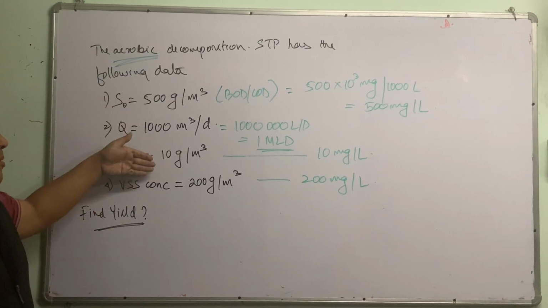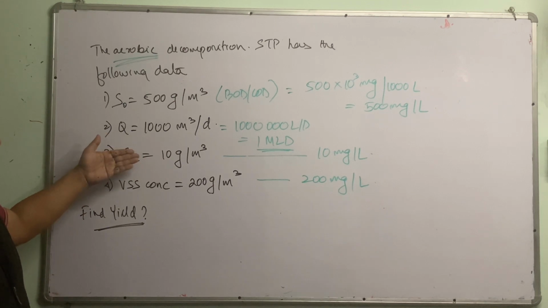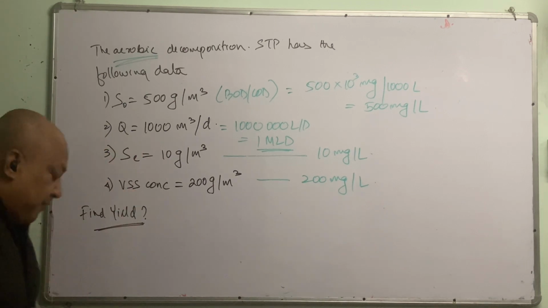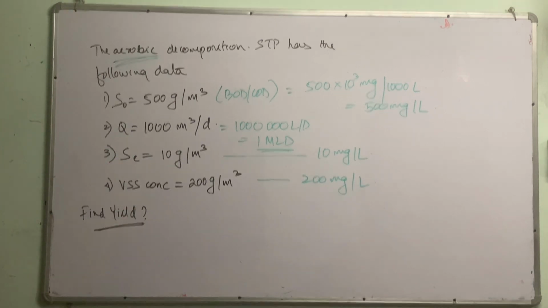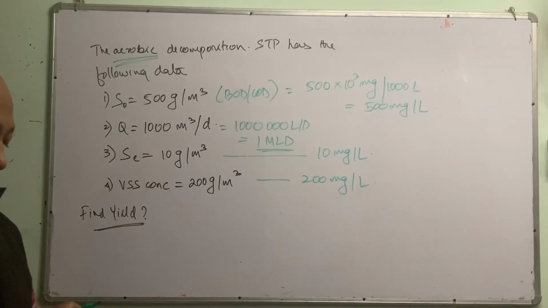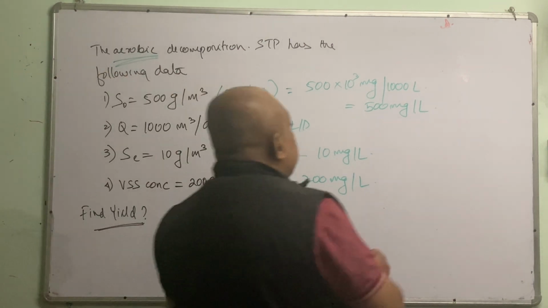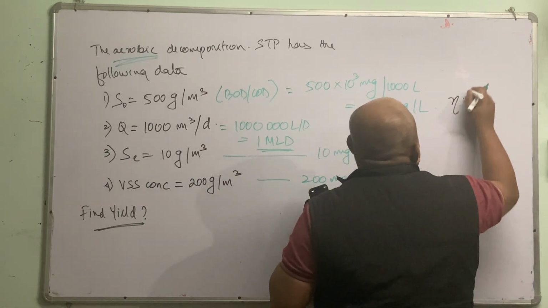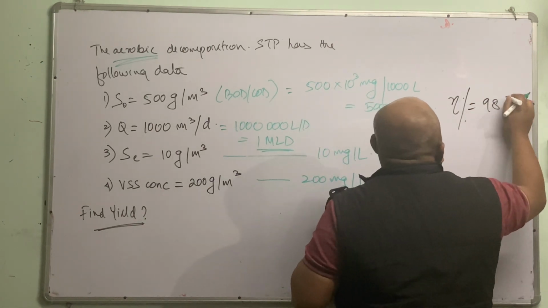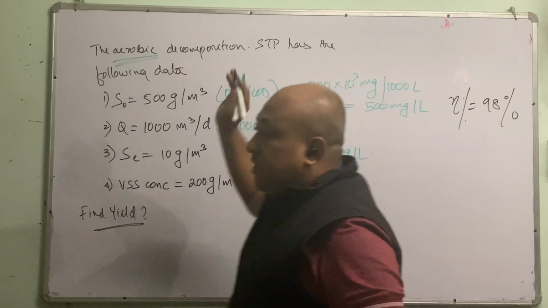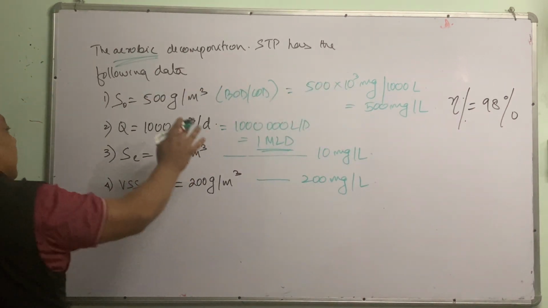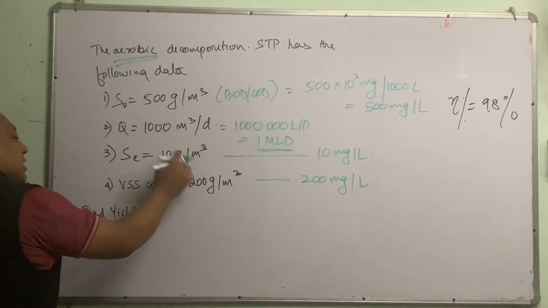Then it's 500 minus 10, 490, divided by 500. Then its efficiency is 98%. The STP is 98% effective. It is removing 98%. This is 2% coming out.